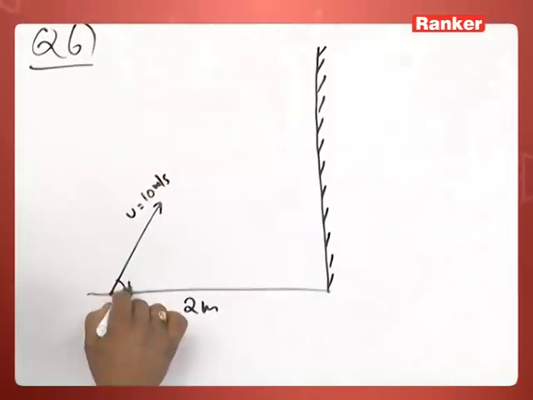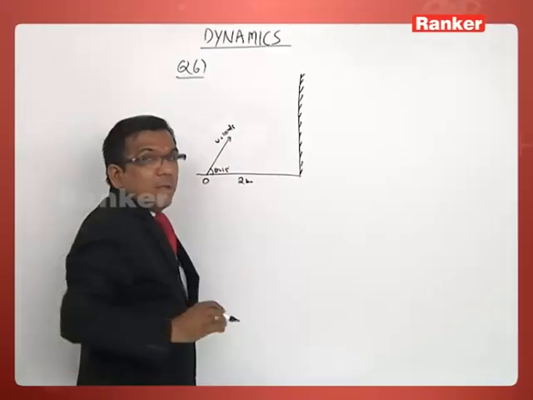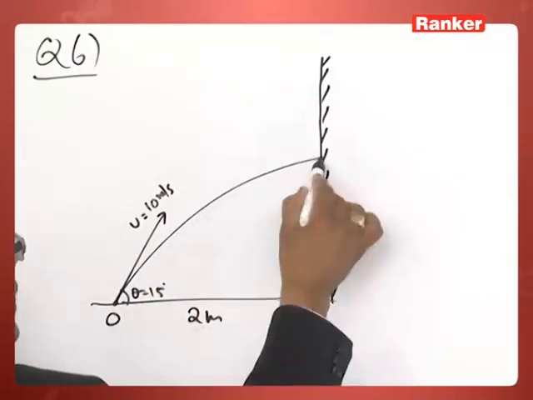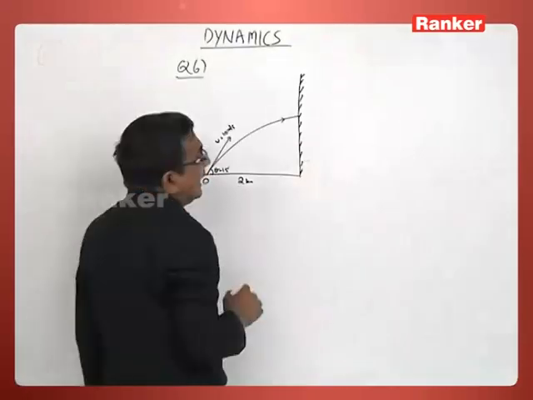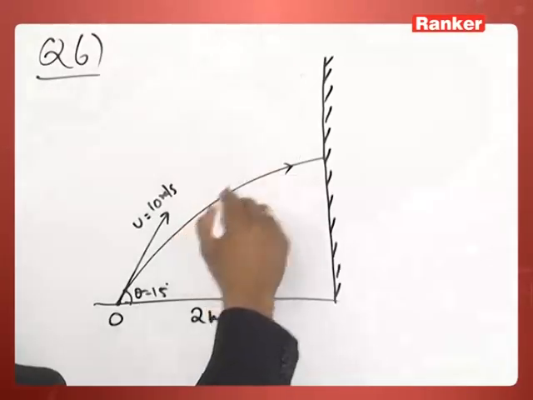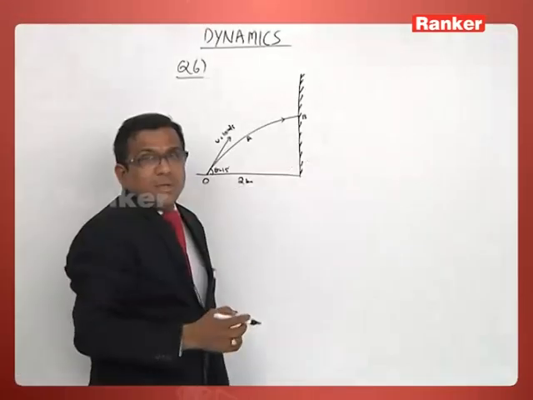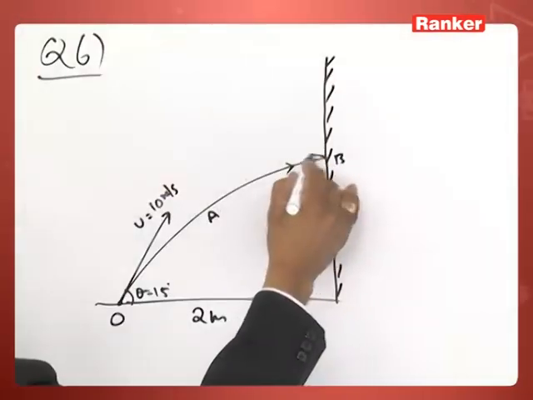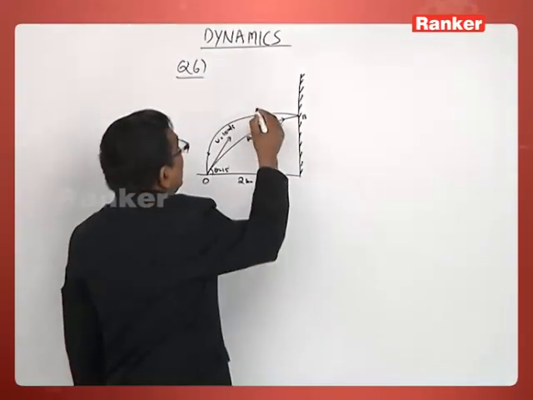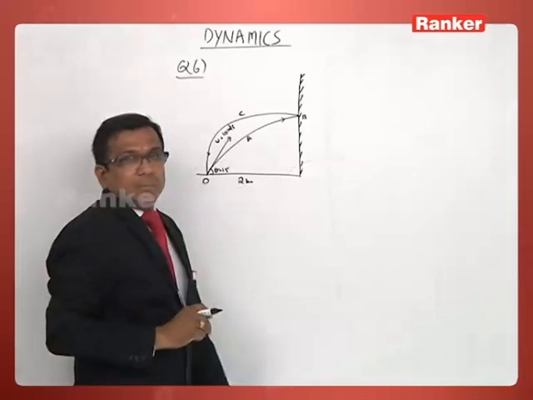This theta is 15 degrees. Naturally this ball will trace a parabolic path and strike the wall like this. In the problem, it takes a path OAB. From there, it comes back to the same point along the path BCO. This is the diagram given.